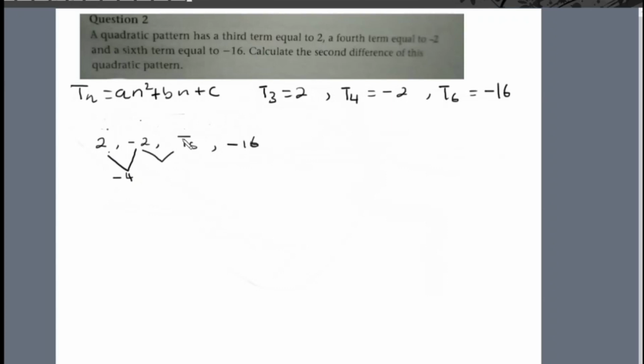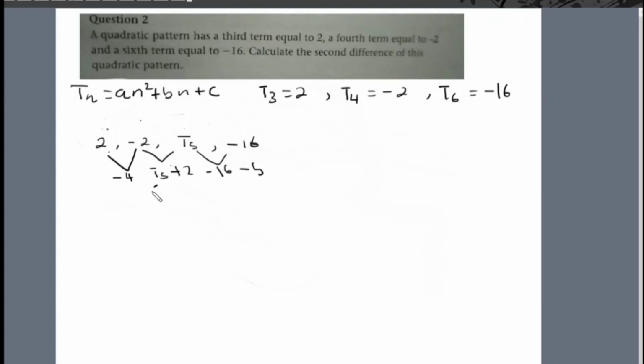Sibe no T5 minus T4, which is T5 minus minus 2, which is T5 plus 2, right? Sibe no T6 minus T5. So sizoba no minus 16 minus T5, right? And then this is our first difference.